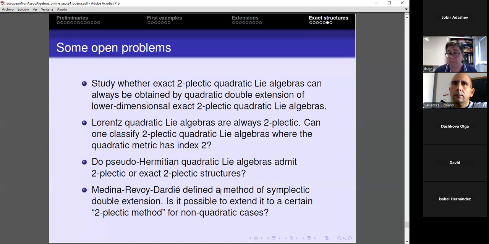So not for two-plectic Lie algebras, but for exact two-plectic Lie algebras with quadratic forms, one can always have a theorem of double extension, in the sense that every exact two-plectic quadratic Lie algebra can be obtained as the quadratic double extension of a lower dimensional exact two-plectic quadratic Lie algebra. I conjecture that it is true, but we have not proved it.